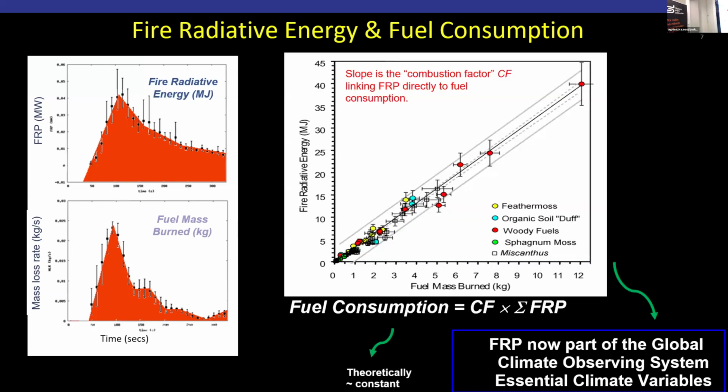I've shown it loads of times. Each of these is a fire, with these different soils, organic soils and different vegetation types. And we found that basically, the more you burn, the more energy comes out of it. It's actually pretty obvious. If you buy 2 kilograms of wood and you put it on your fire and burn it, you do expect to get twice the amount of heat as if you bought 1 kilogram, right?